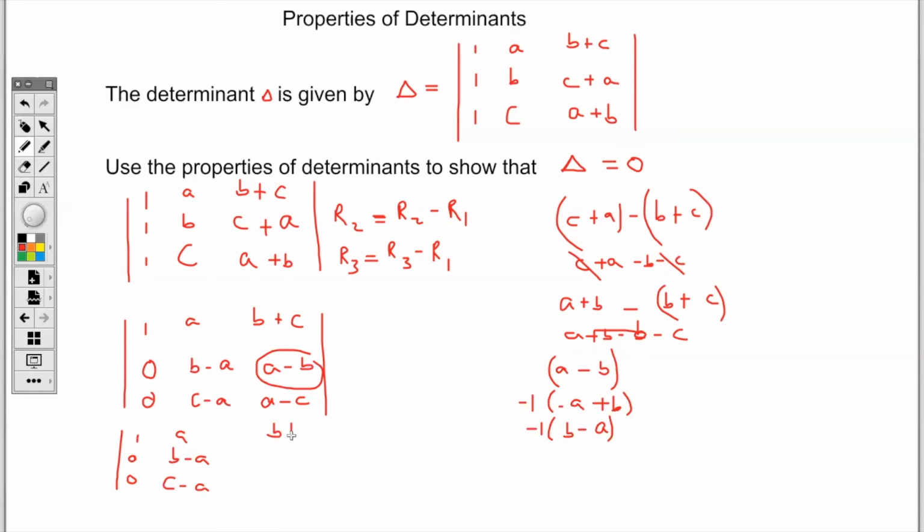So B plus C, and then here I'm going to rewrite it as minus 1 times B minus A. Same scenario here, the A minus C will be minus 1 times C minus A, using the same concept.